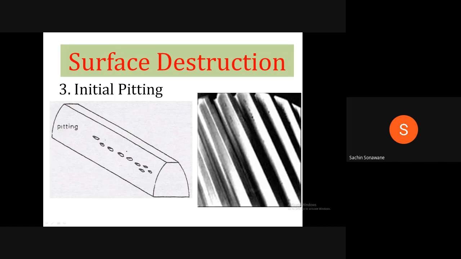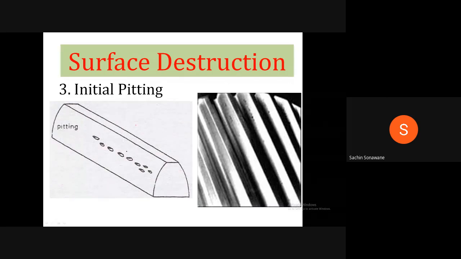Therefore, small pits will be there. The size of the pits will be smaller in case of initial pitting. See that these pits are there on the gear tooth surface. You are observing small pits on the gear tooth surface. Therefore, this is known as initial pitting.